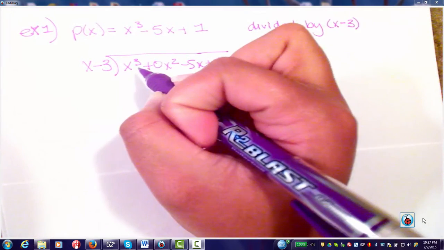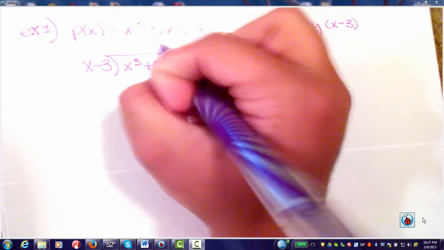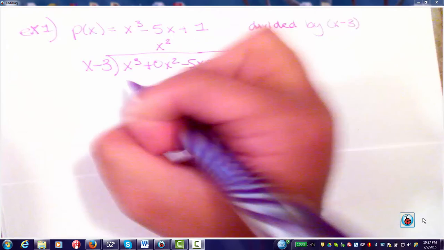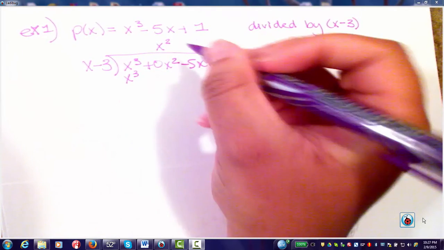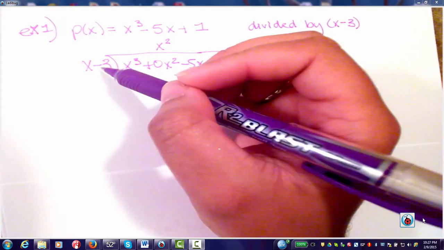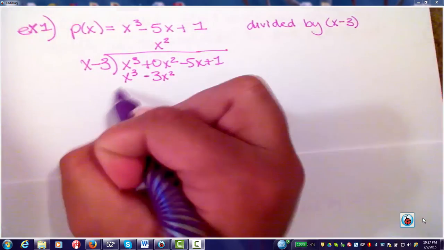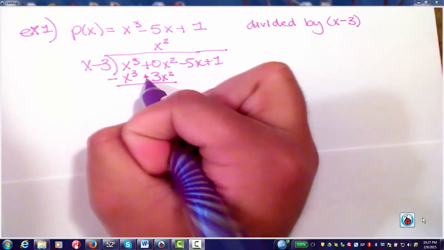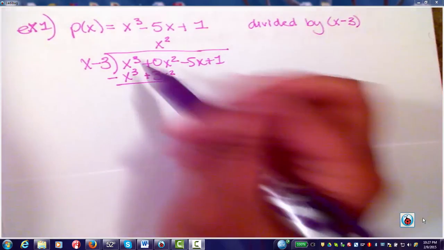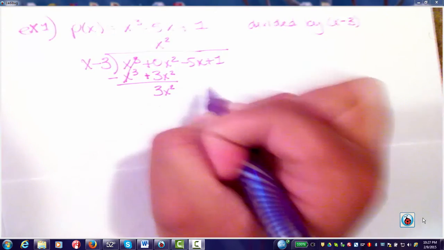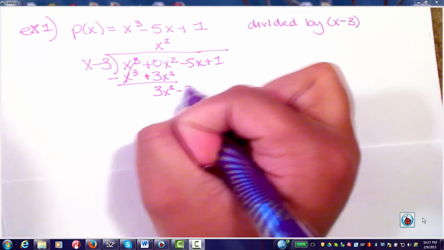So x cubed divided by x gives us x squared. x squared times x is x cubed. x squared times negative 3 is negative 3x squared. So then we draw our line, change both signs. These cancel, and we get 3x squared, and then we bring down negative 5x.